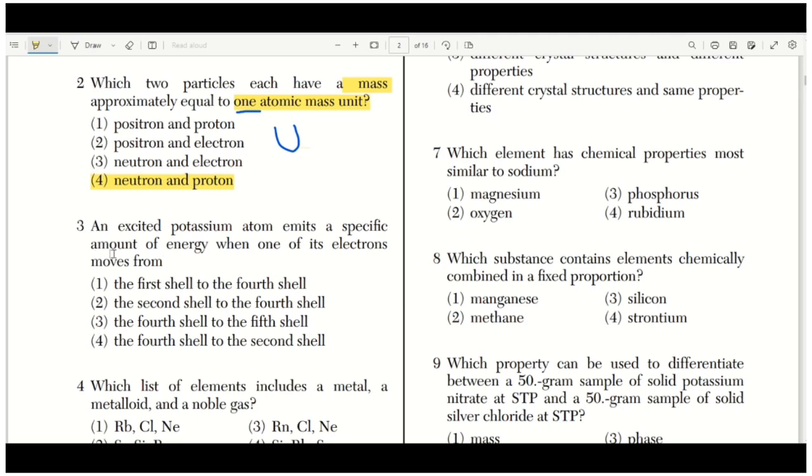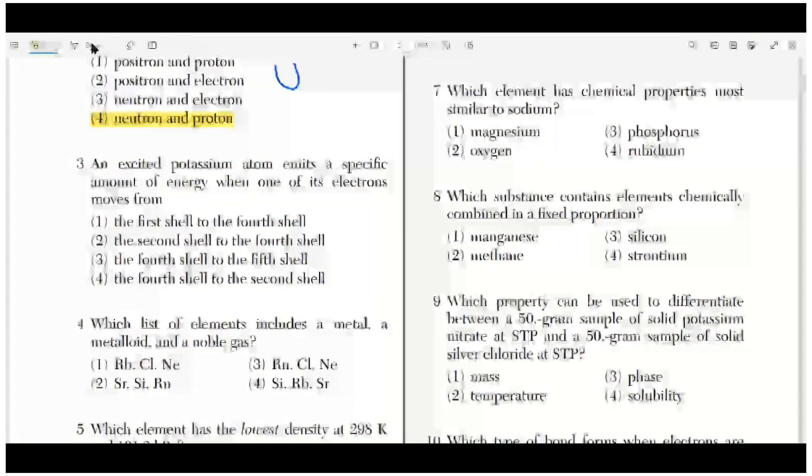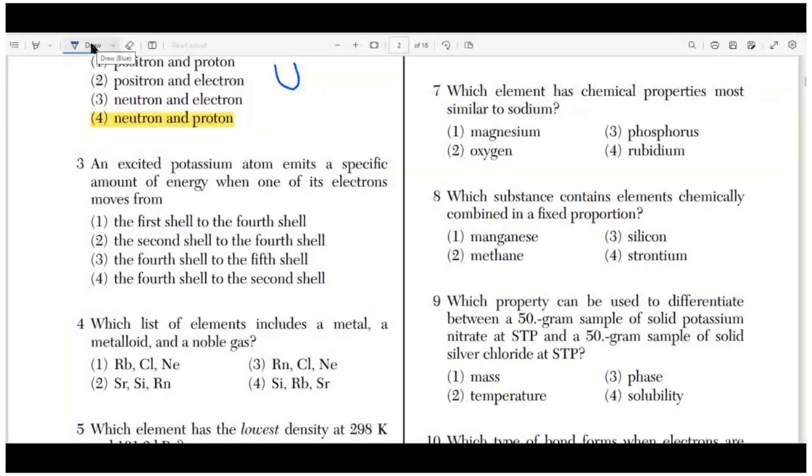An excited potassium atom emits a specific amount of energy when one of its electrons moves from... Okay, what you need to remember for this is that we have a small, dense, positively charged nucleus, and then electron shells around the nucleus, where we have orbitals.